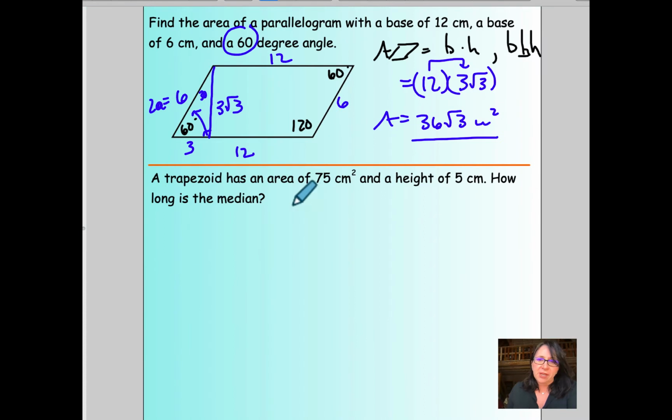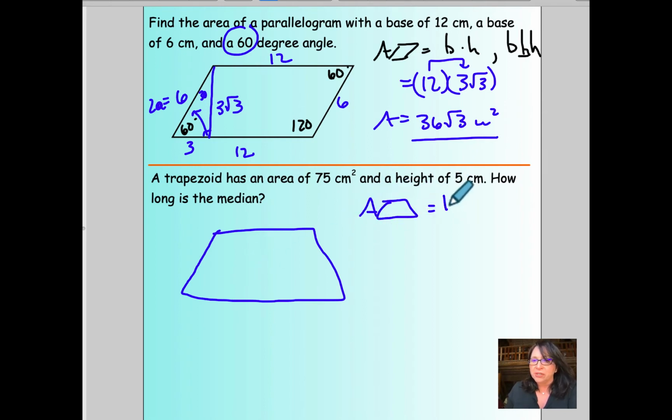For this problem here, it says that my trapezoid, which I'm going to draw right here, has an area of 75. The area of a trapezoid is equal to the height divided by 2 times the sum of the bases. Because the area is 75, I'm going to put the area right here, since those are equal to each other.